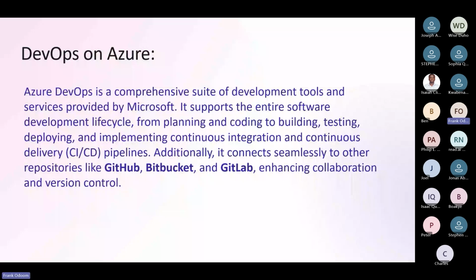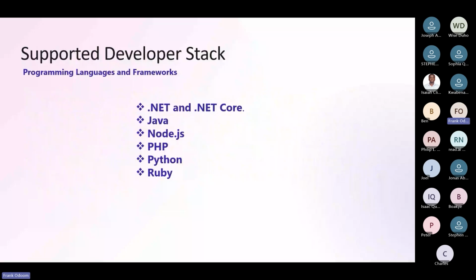Okay, so let's look at some of the developer stack supported on Microsoft Azure for web developers. Programming languages and frameworks: .NET and .NET Core, which we saw on the last meetup. You can also do Java, Node.js, PHP, Python. Ruby currently is not supported by default, but you can go in and configure your own VM to support Ruby on Rails.